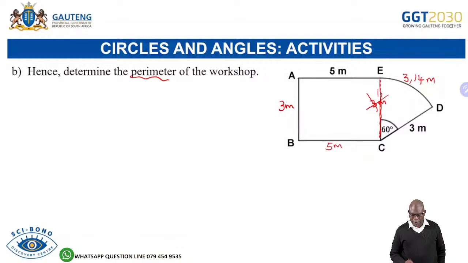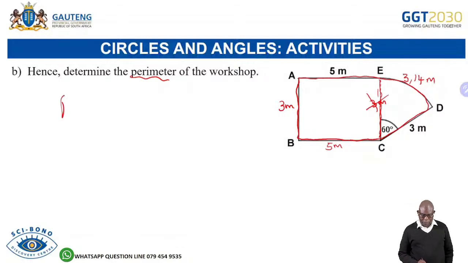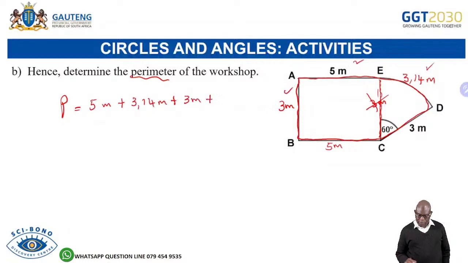Remember, I need the perimeter, the outside part of that figure is my perimeter. So what should I add for my perimeter here? So I must add 5 meters plus 3.14 meters plus 3 meters plus 5 meters.